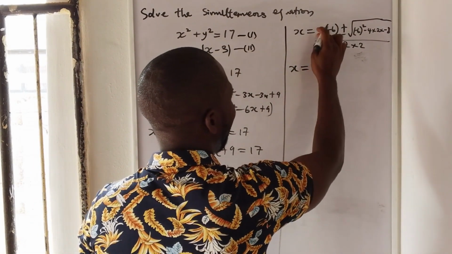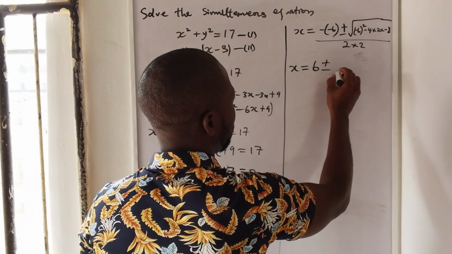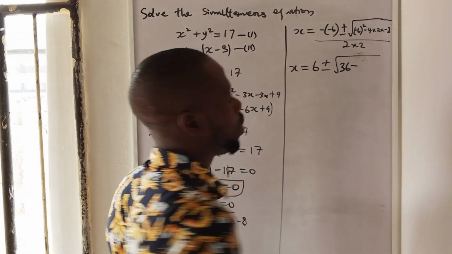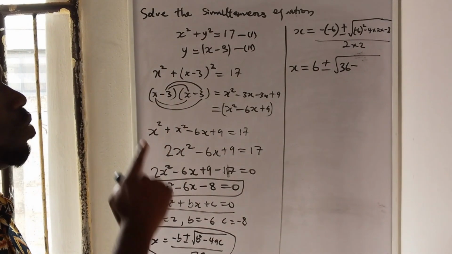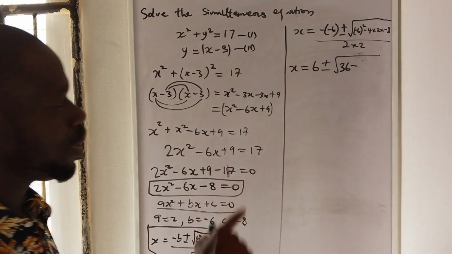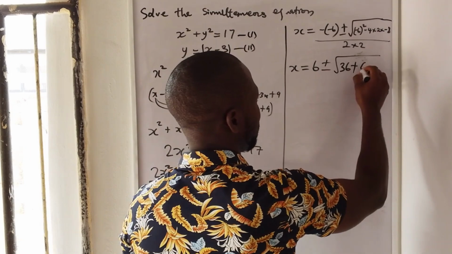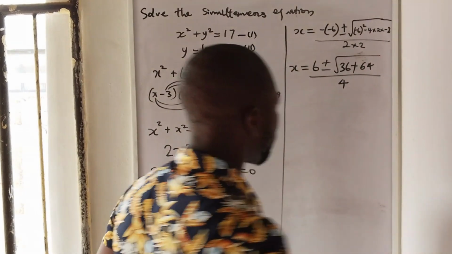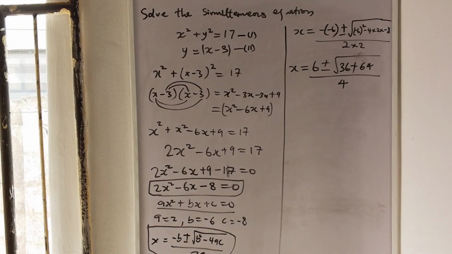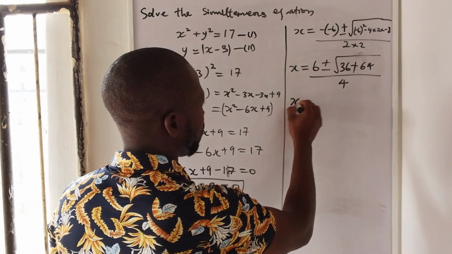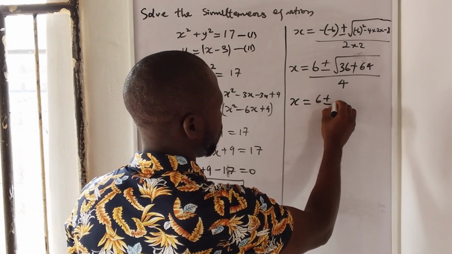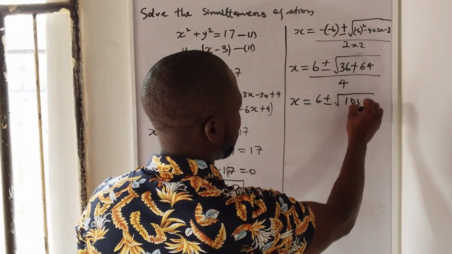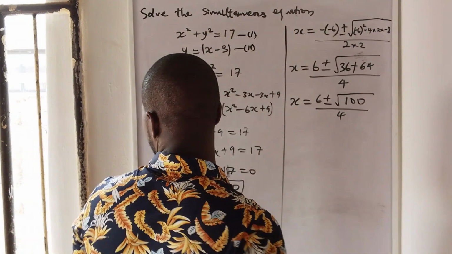x is equal to minus times minus gives us 6, plus or minus square root of minus 6 squared is 36, minus 4 times 2 is 8, that's minus 8. Minus 8 times minus 8, that's plus 64, over 2a, 2 times 2 is 4. All right, so now the next step is x is equal to 6 plus or minus square root of 36 plus 64, that's 100, over 4.